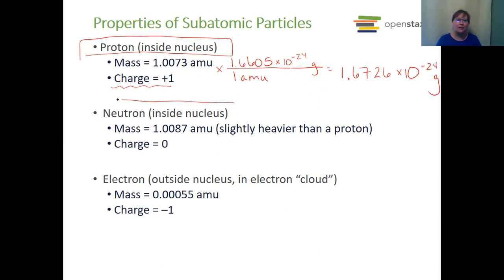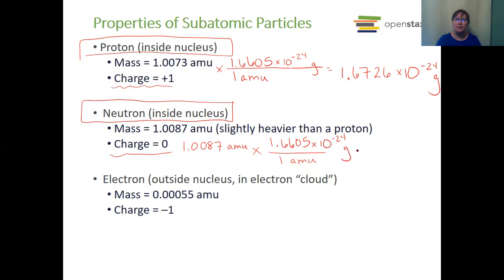Now next we have the neutron, and it's also inside the nucleus, and it has no charge. It doesn't contribute electrically, and it's a little bit heavier than a proton, 1.0087 atomic mass units. So let's try that. Again, we can use that conversion factor, 1.6605 times 10 to the negative 24th grams.